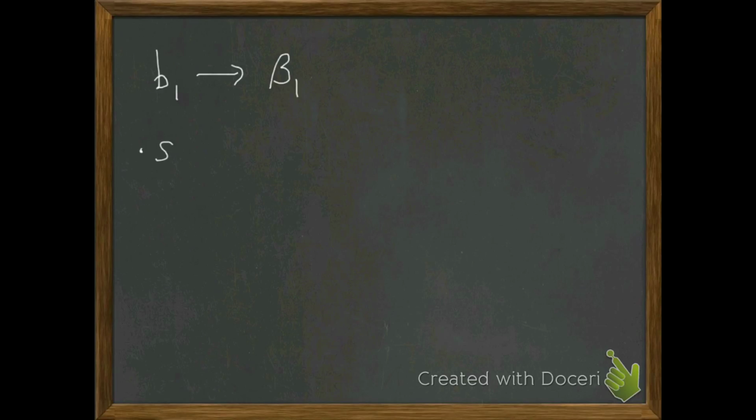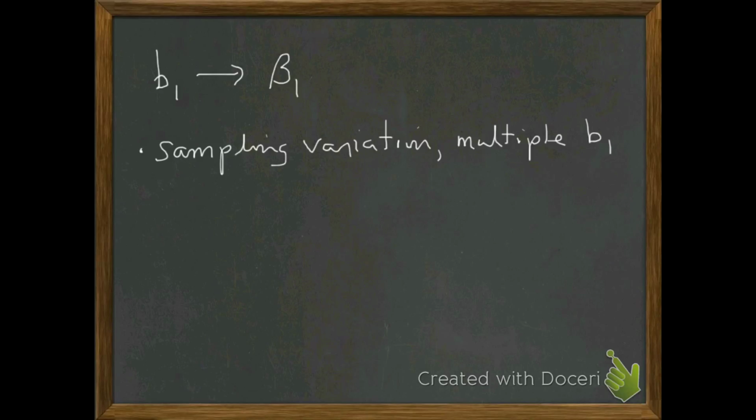Now, some notes here. Because of sampling variation, we know that there's nothing special, nothing holy, nothing unique, if you will. Well, there's unique because it's ours, but because of sampling variation, we could create multiple estimates.